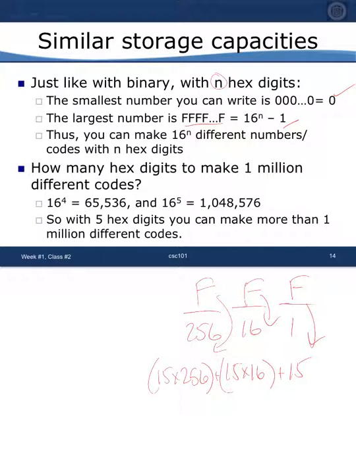If I add these all up together, I promise you get 4,095. And what's the next place value? 4,096. And how much is that? That's 16 cubed. Sorry, that's 16 to the 3rd power.